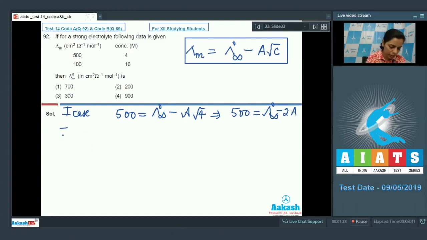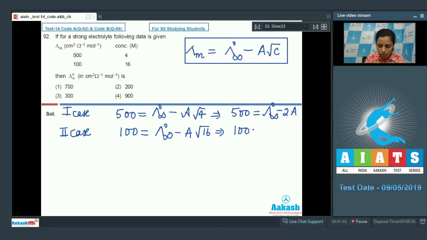Similarly for the second case, where molar conductivity is 100, limiting molar conductivity we don't know, A root concentration, that's 16, and the simple form for this is 100 is equal to limiting molar conductivity minus 4A.